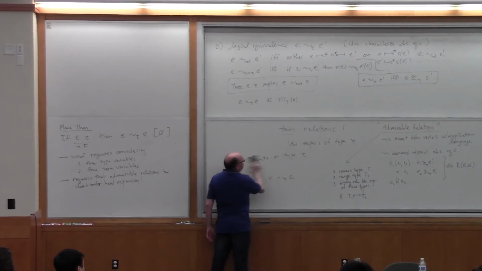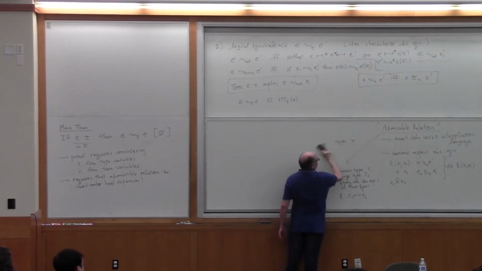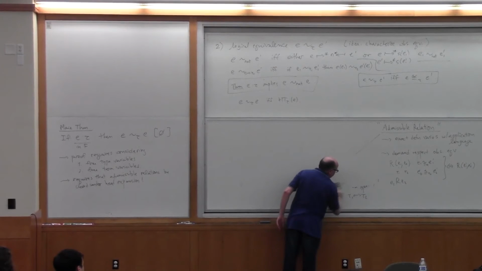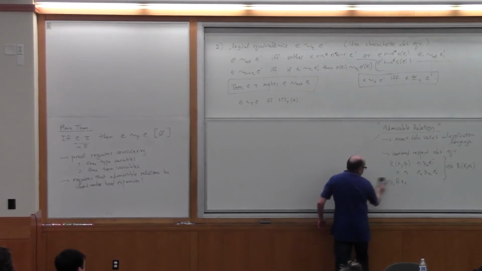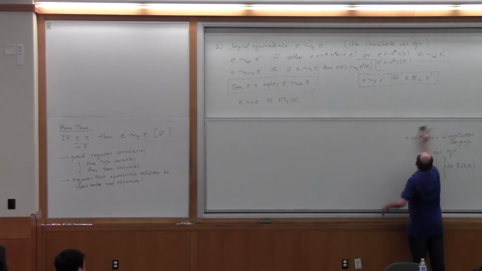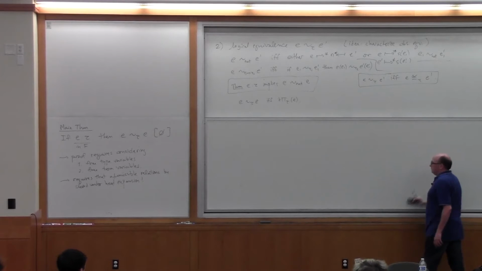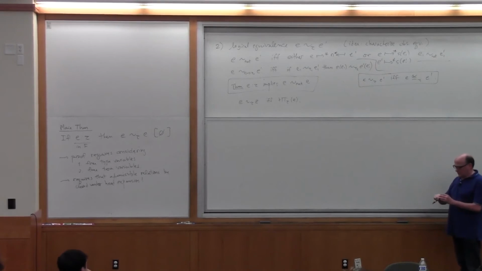The way this game is played is you choose what the admissible relations are to suit your purposes. That's the critical idea.